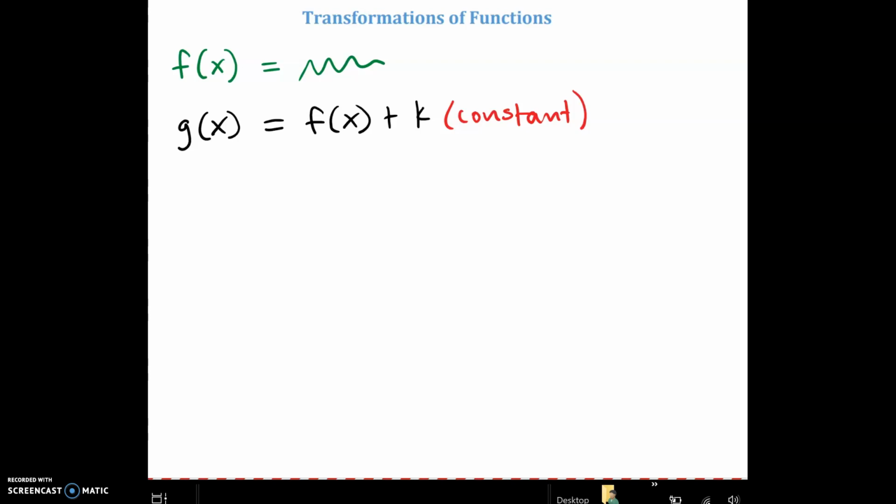If k is a constant outside of the function, so outside of the function, and it's positive, so if k is positive, the function f of x is shifted up. If k is negative, f of x is shifted down.